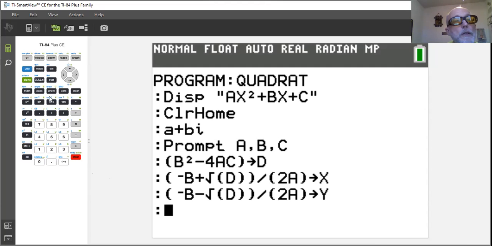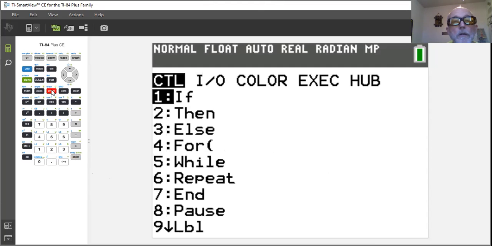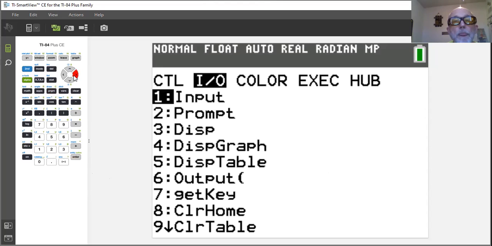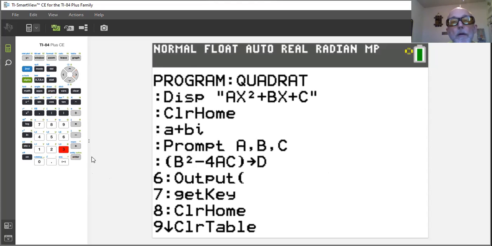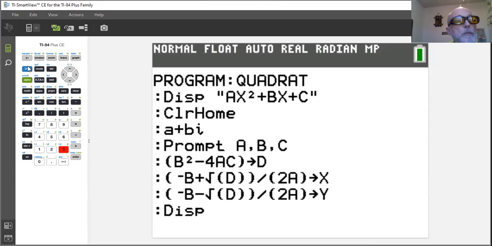Now then, when we see the answer, we want it to say, what do we find, right? So we're going to go over here and we're going to say display. And then remember, you have to do quotation marks. So we're going to have quotation marks. And then, oh, since we're spelling everything, let's just do that.